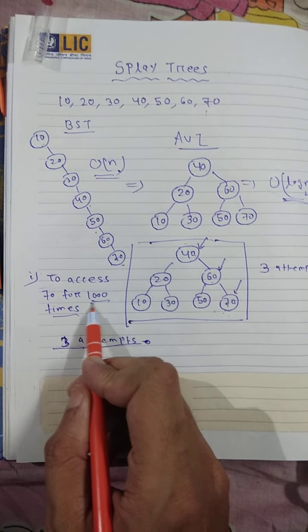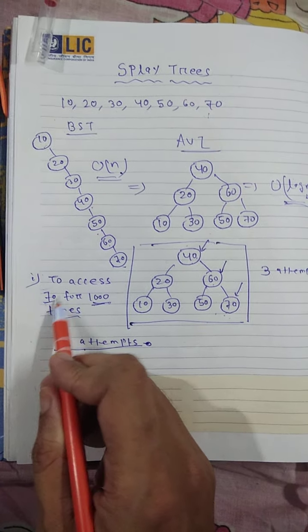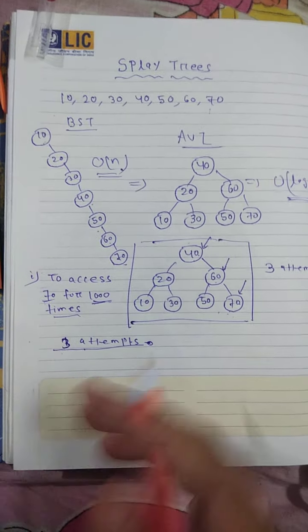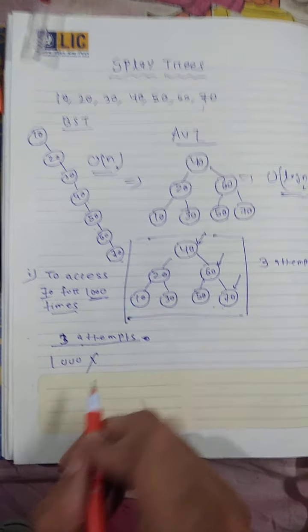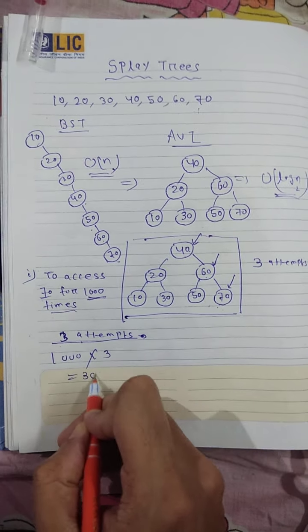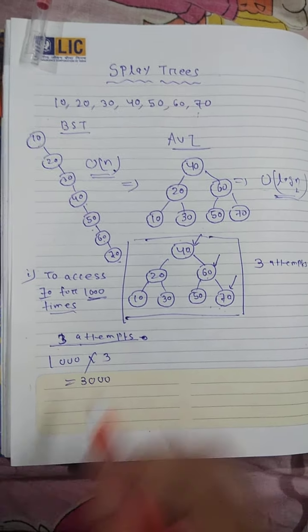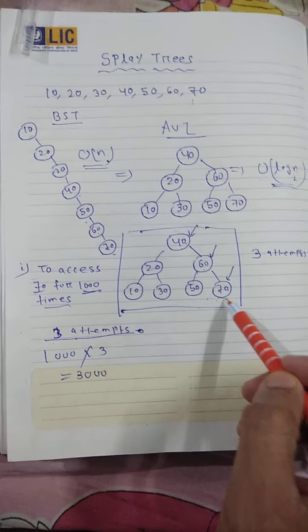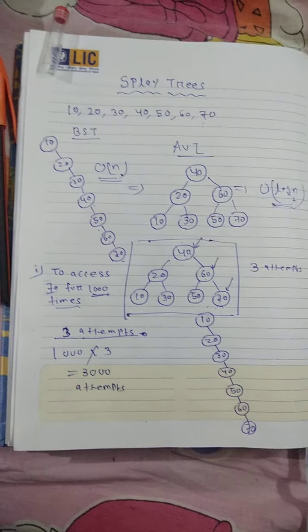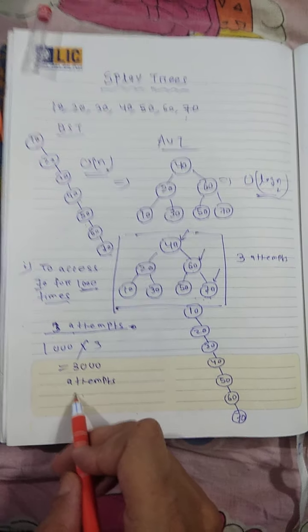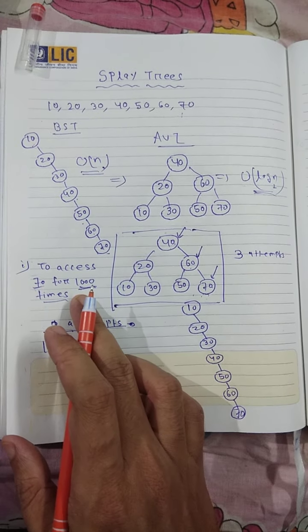If you need to access 70 1000 times, how many attempts do we need? We need 1000 times 3, that is 3000 attempts. So for this AVL tree we need 3000 attempts to access 70 1000 times.